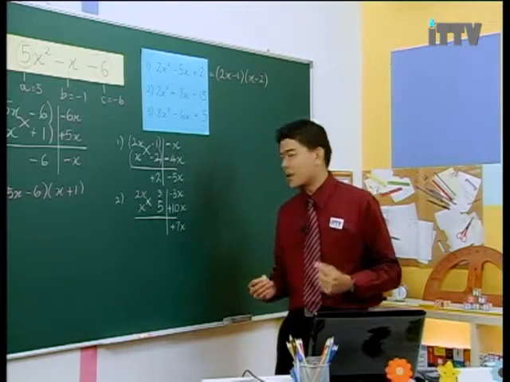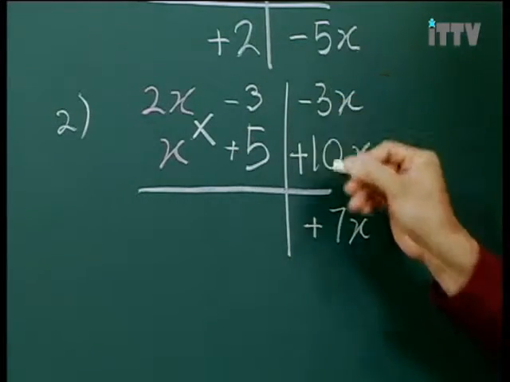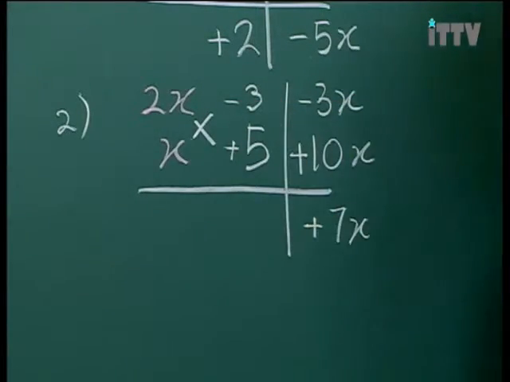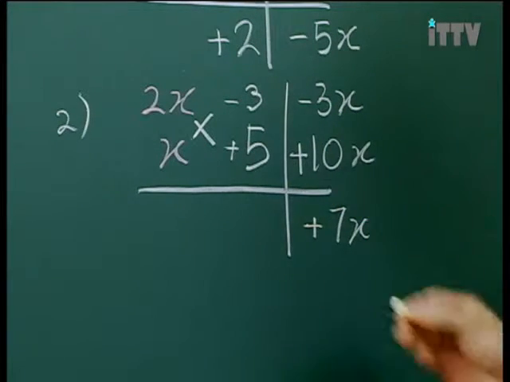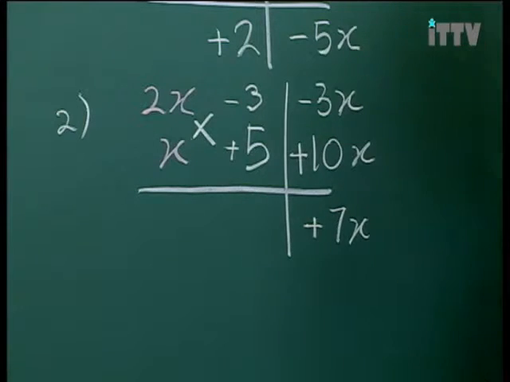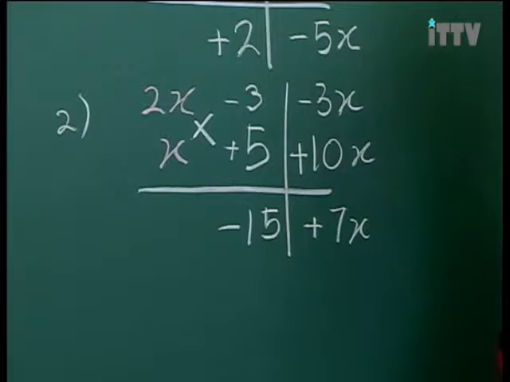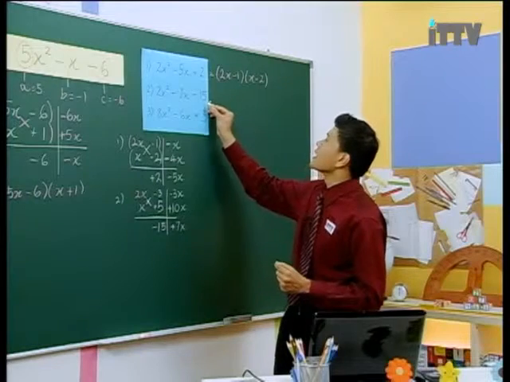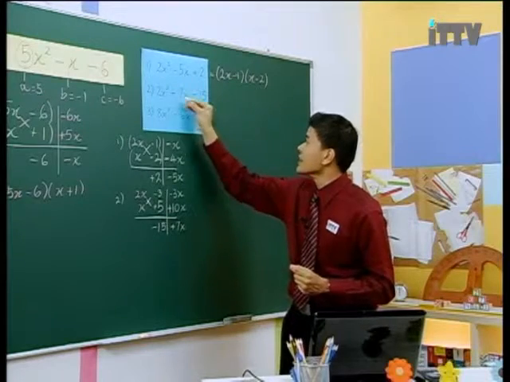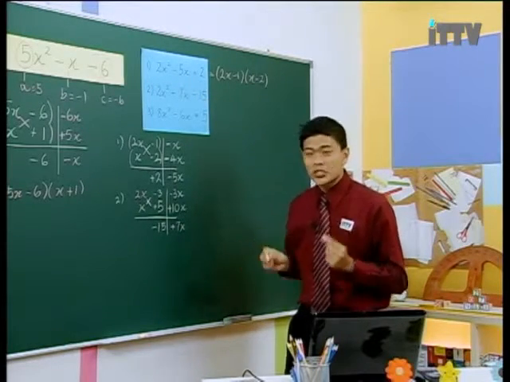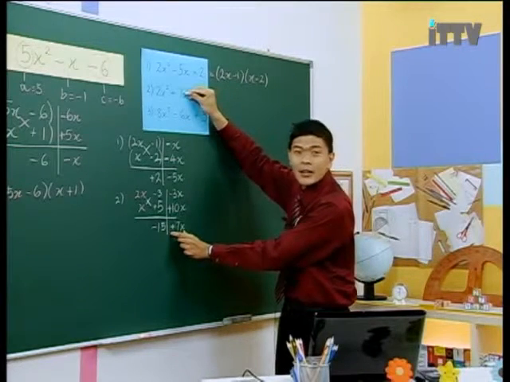Double check your answer by putting the two signs over at the left, the same two signs that you have put in the far right column. Minus 3 multiplied by positive 5 gives you negative 15. And negative 15 is the expression here in C. So you've managed to check. Remember, the sum must always give you the middle.